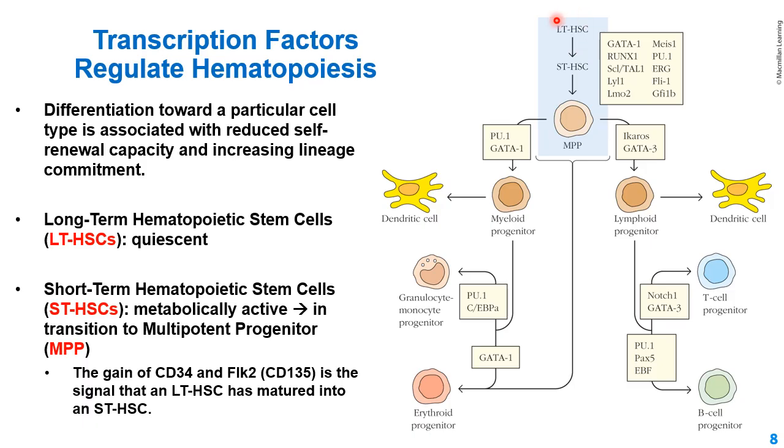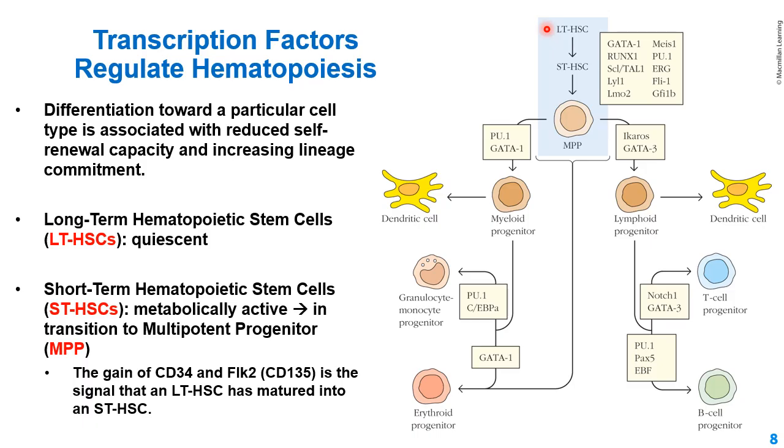Let's say something happens in the environment and the blood is circulating with a message in it, usually either a growth factor or a hormone. The message comes to the bone marrow and tells the long-term stem cell that it should divide and become a certain type of cell.